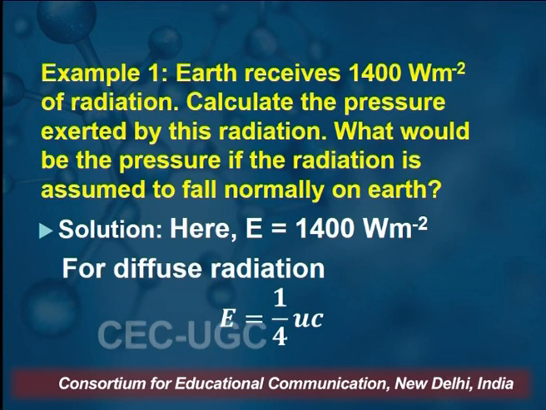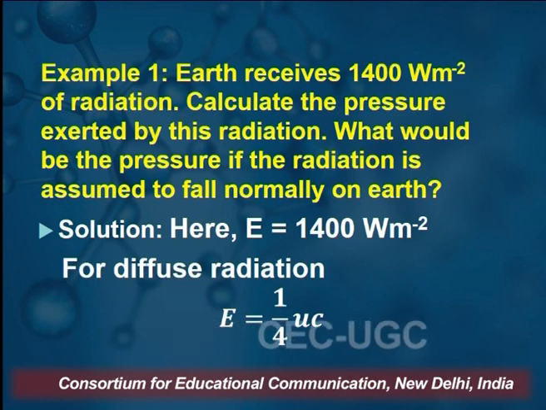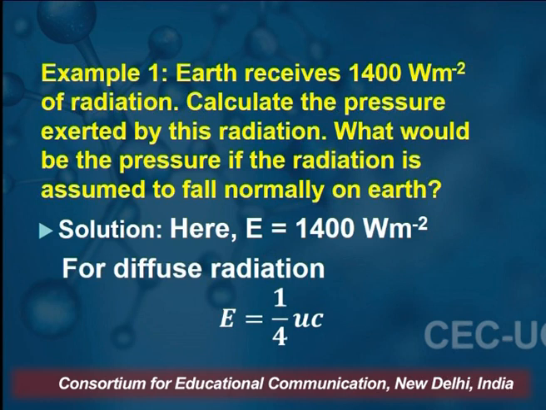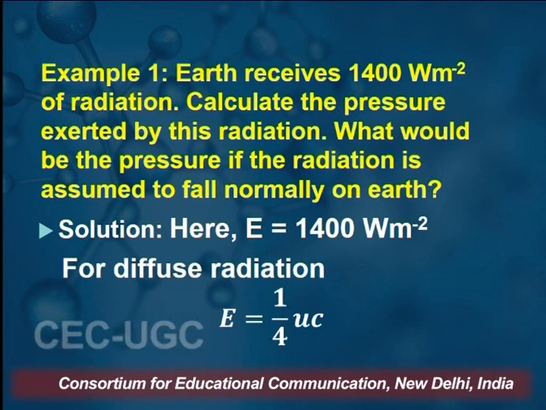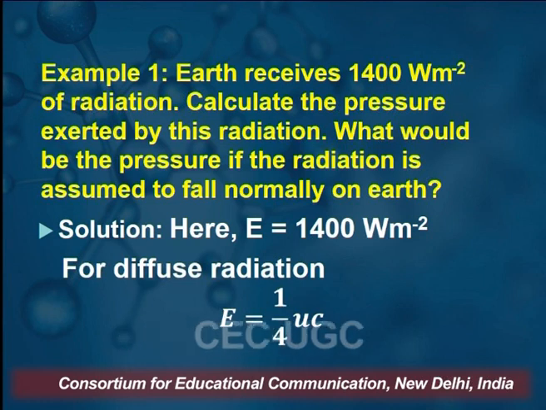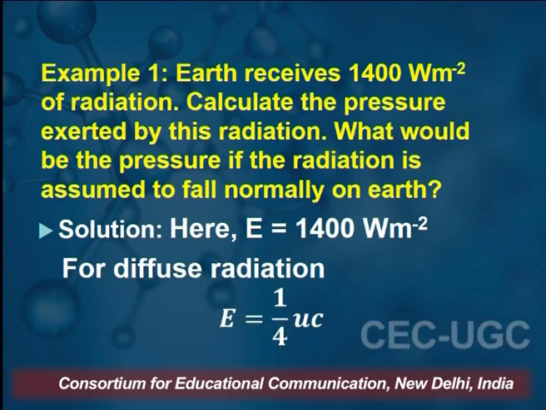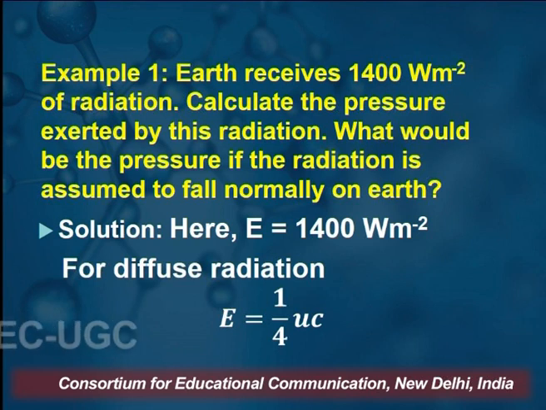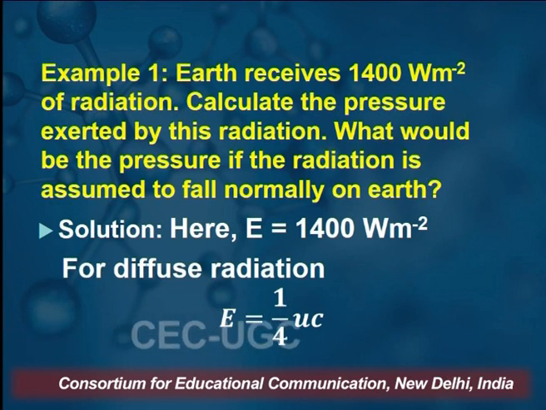Calculate the pressure exerted by this radiation. What would be the pressure if the radiation is assumed to fall normally on Earth? Here capital E is given as 1400 watts per meter square.